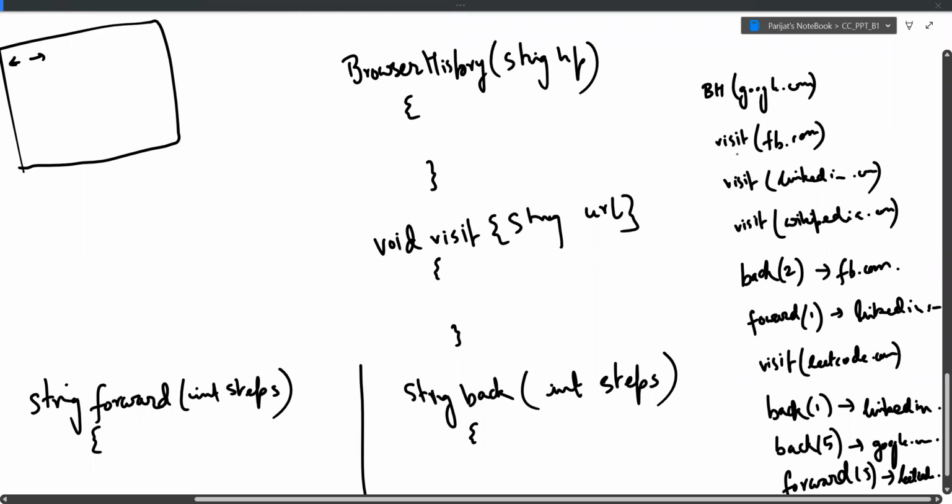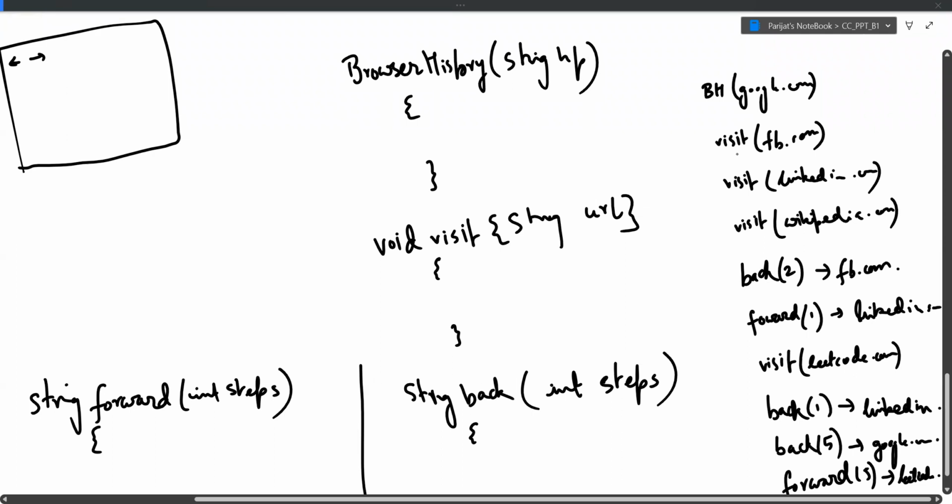Sir, we could use a doubly linked list. The head would contain the home page when the constructor is called, and in visit we add at the tail position of the linked list.